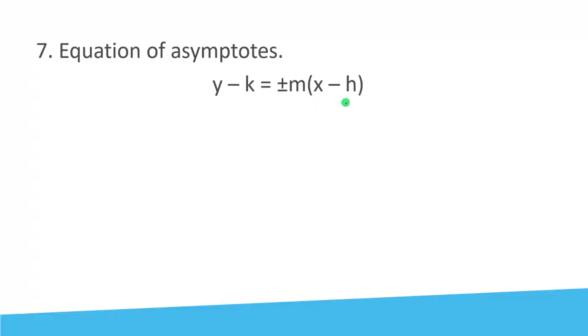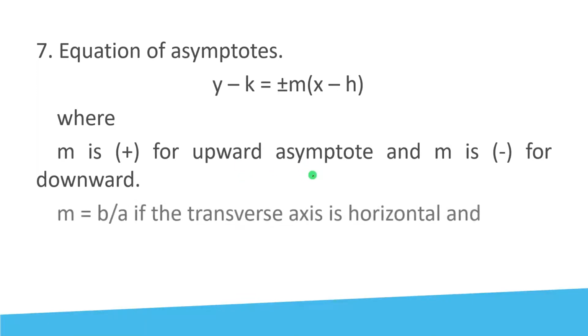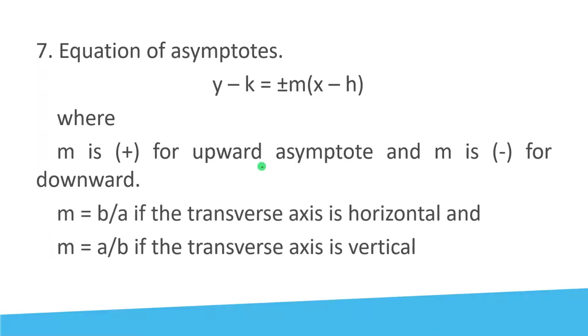That's similar to the point slope form of an equation. So m is positive for the upward asymptote and m is negative for the downward. Okay, doesn't matter since we will use both positive and negative signs for the two equations.